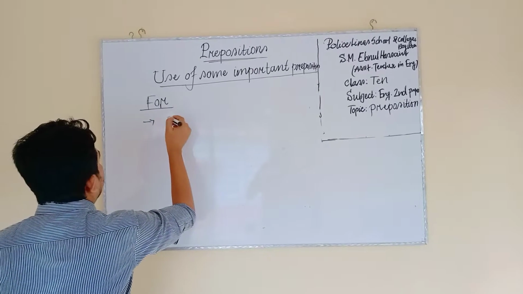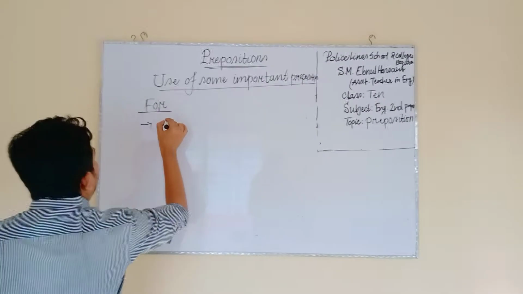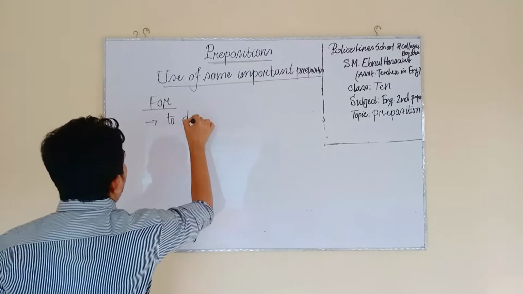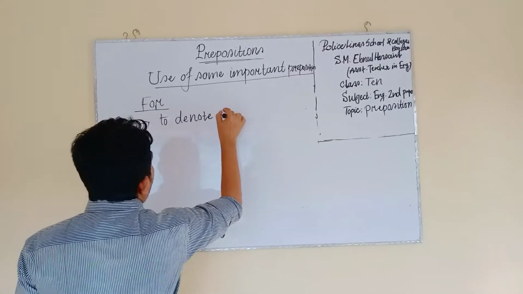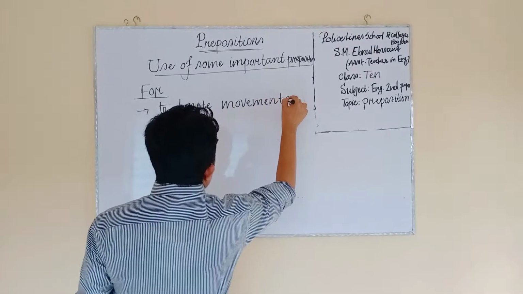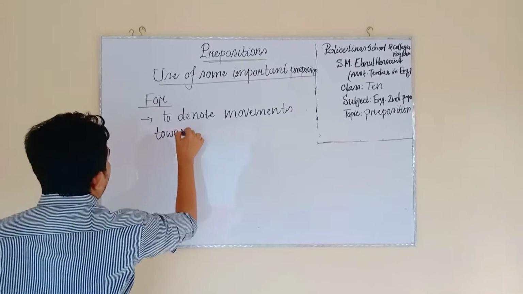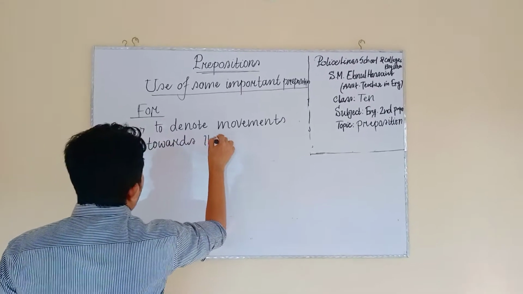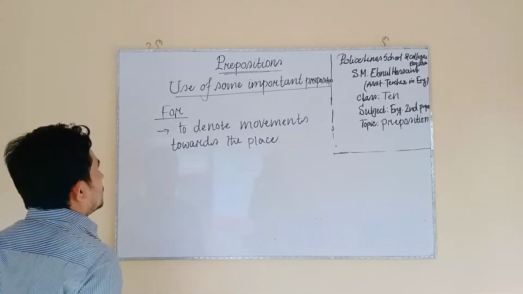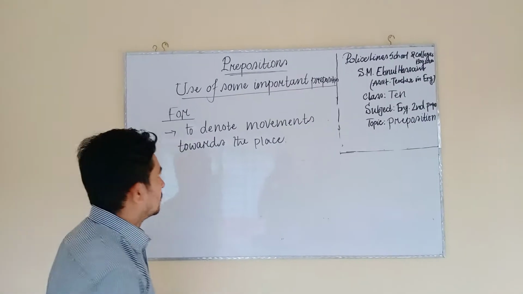For is used to denote movement towards a place.